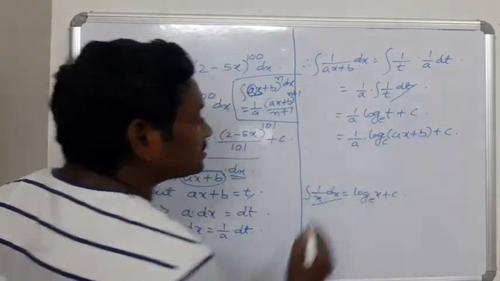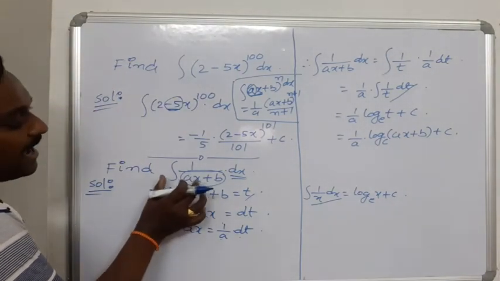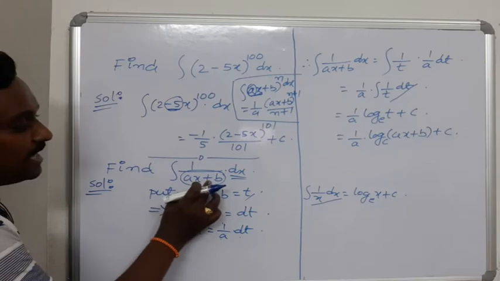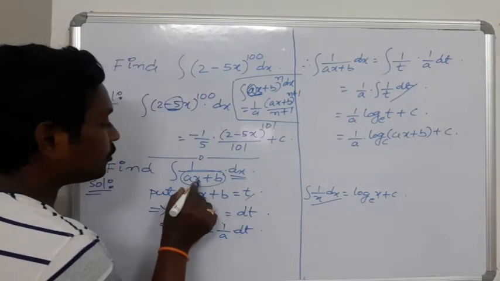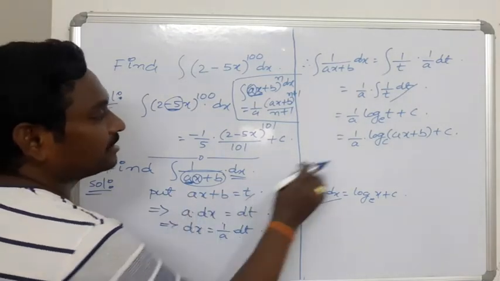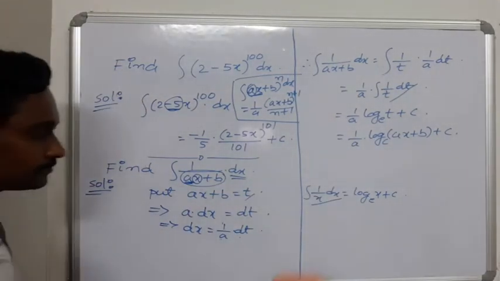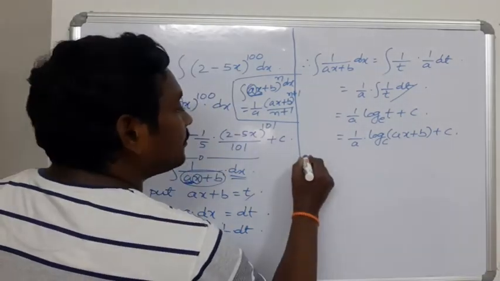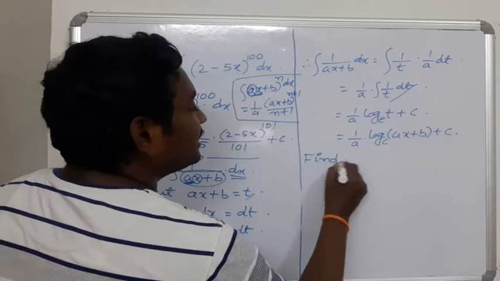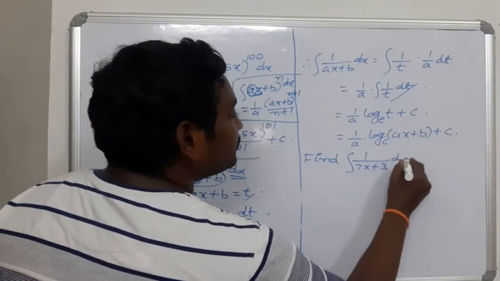So in this case also, you can write directly the value of the integration of 1 by ax plus b as log of ax plus b, and the coefficient of x, a, in the denominator. See one example. Suppose we have to find the integration of 1 by 7x plus 3 into dx.